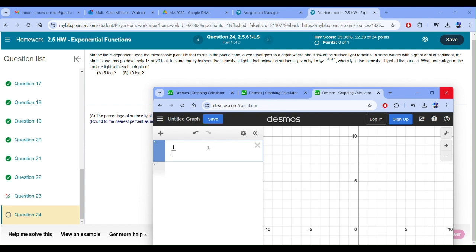So is it just 1 divided by e raised to the negative 0.31 times 5? Intensity of the light at the surface. What percentage of surface light will reach the depth? Round to the nearest percent.